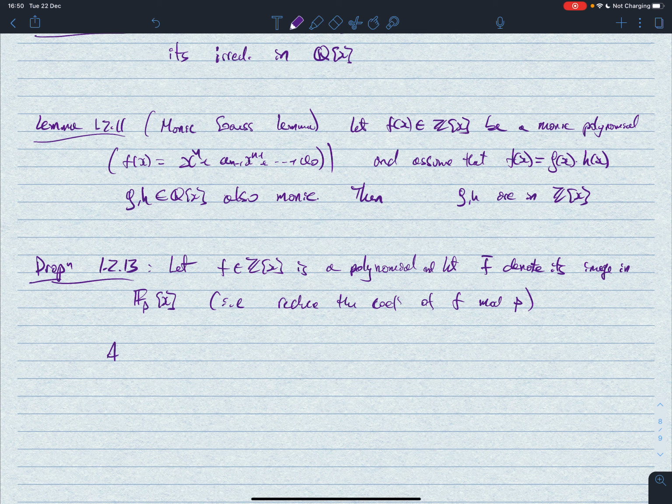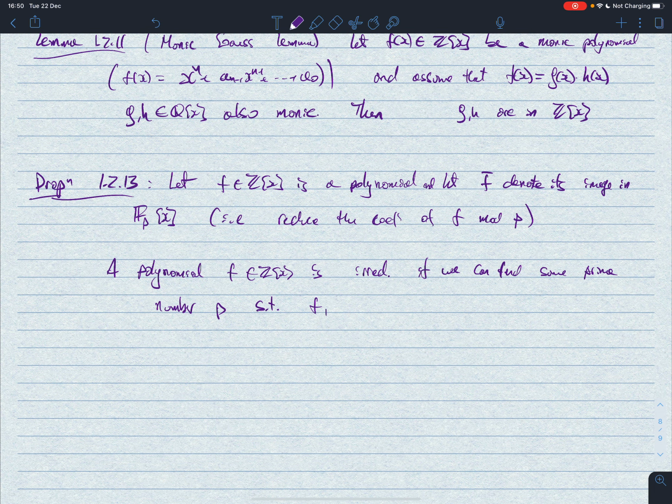Then f in Z[x] is irreducible if we can find some prime number p such that f and f bar have the same degree, and f bar in F_p[x] is irreducible.